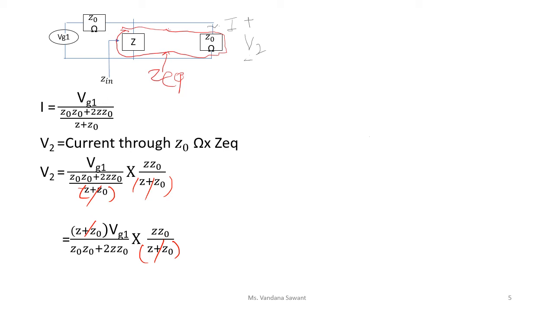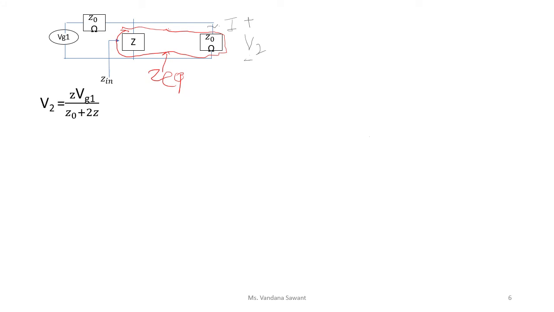Now we have Vg1 into Z0 divided by Z into Z0 plus Z into Z0. We can take Z0 common and we can cancel Z0 also. So the remaining will be V2 equal to Z Vg1 divided by Z0 plus twice Z. So this will be our remaining term.